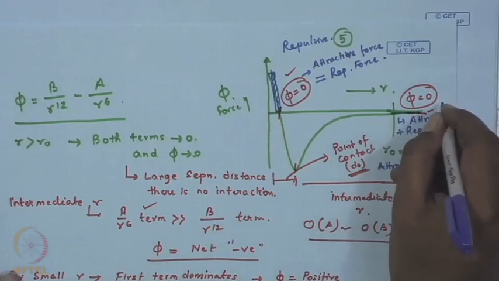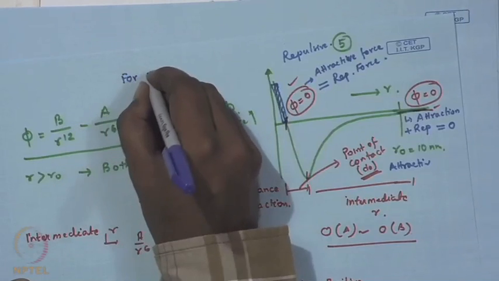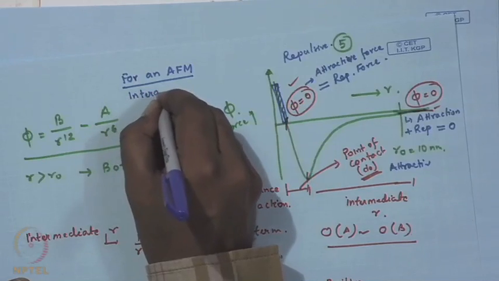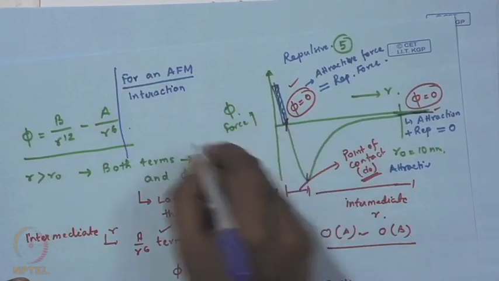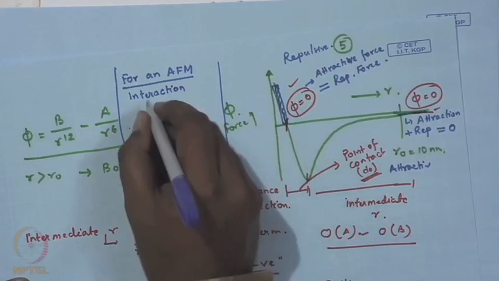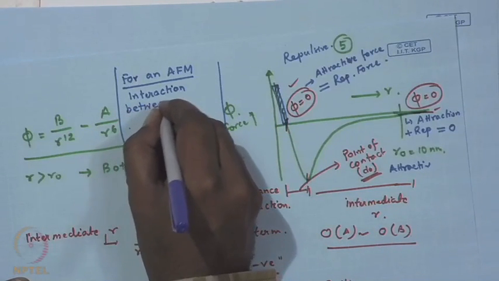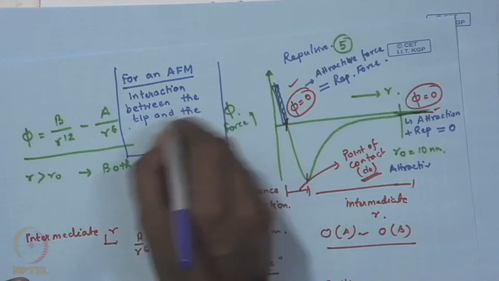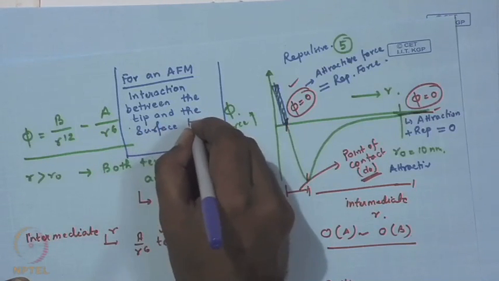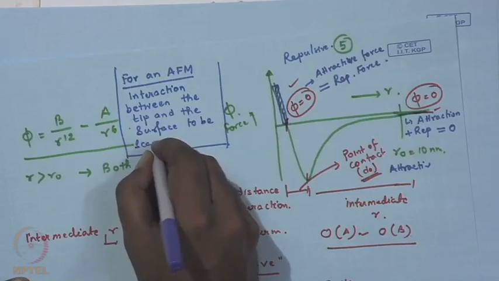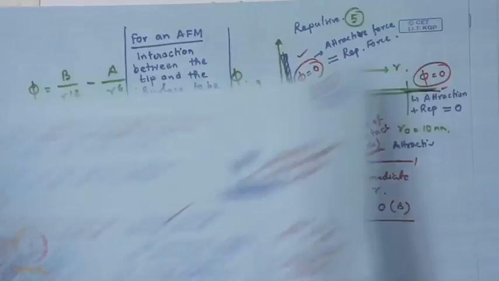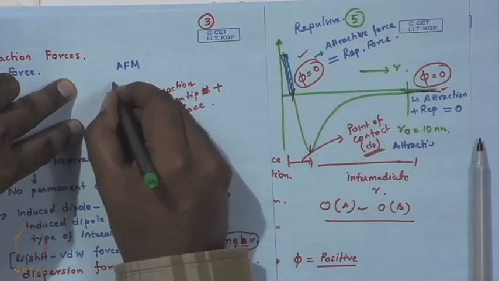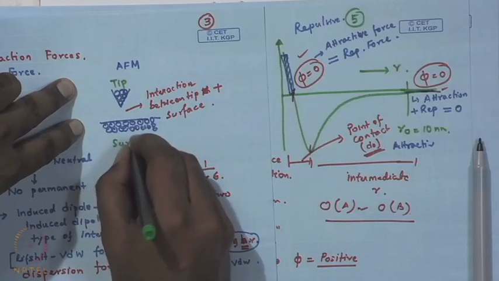This also represents, for an AFM, the interaction between the tip and the surface to be scanned, because if you look carefully, this is the configuration of an AFM. This is the tip, this is the surface to be scanned.